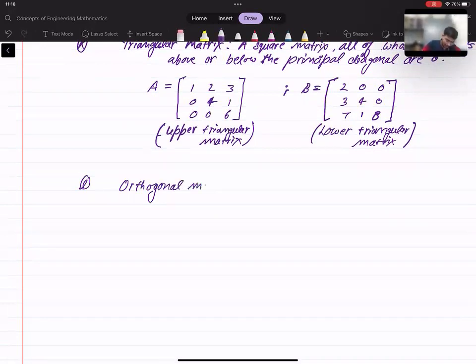Orthogonal matrix. In this, whenever we have the product of A and A transpose as an identity matrix, then matrix A is known as an orthogonal matrix.